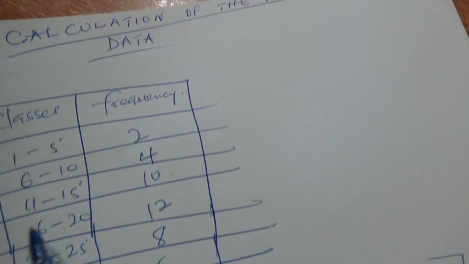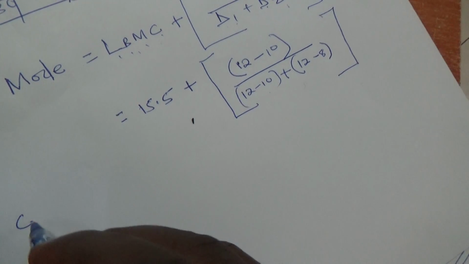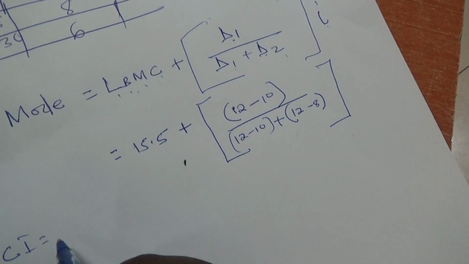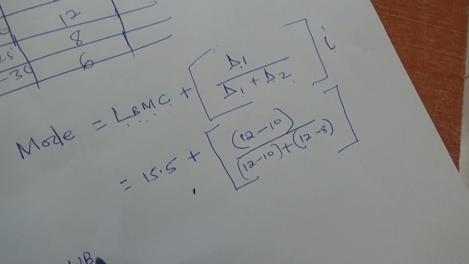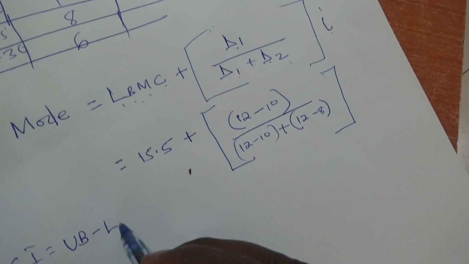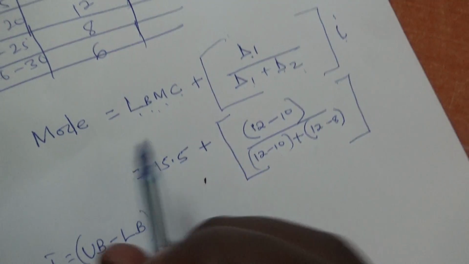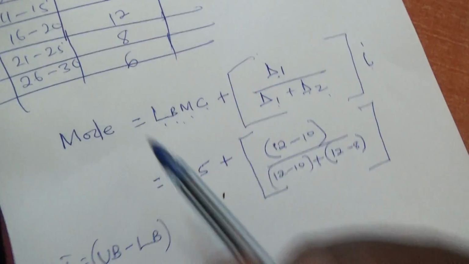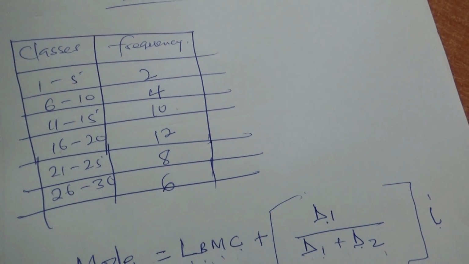If you look at this one, the class interval is calculated by upper boundary minus the lower boundary of any given class. So let's say, for example, the upper boundary of the modal class here is 20.5.